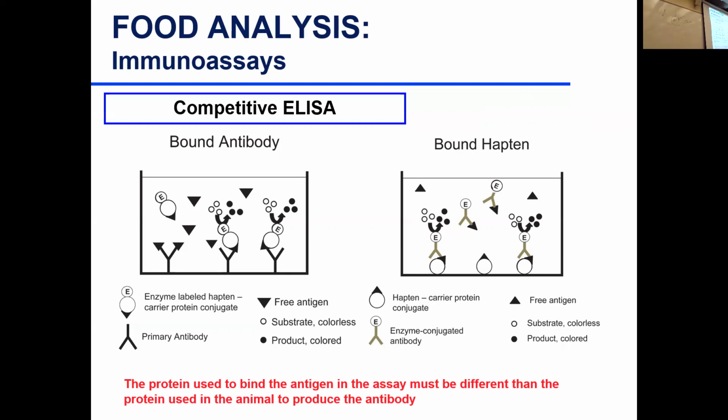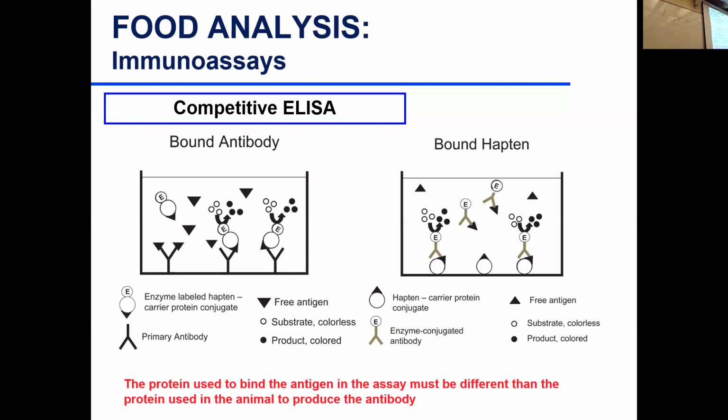The antibodies that bind to the hapten will remain, and then the enzyme converts substrate to products. So again, here there's competition between the free antigen in my sample and the bound antigen on the plate. The more free antigen I have, the less color. The less free antigen I have in my sample, the more labeled antibodies will bind and remain and give me color.